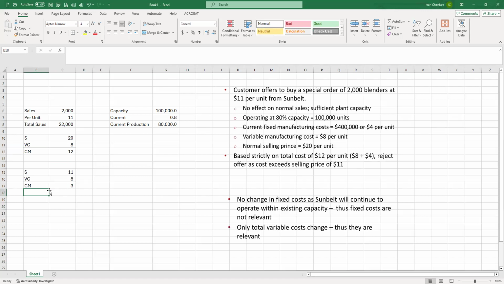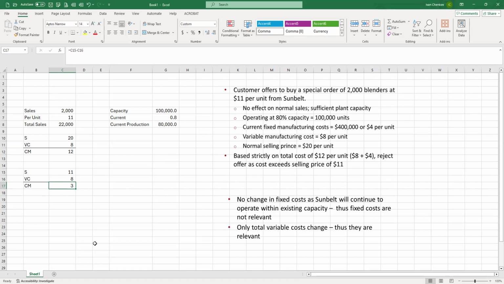So that's one thing. The other thing is, are those additional 2,000 units going to affect my total fixed cost, which is $400,000? We already said no. So at this point, should I accept this order? Yes, because I'm clearly going to make $3 per unit. That's out of question.